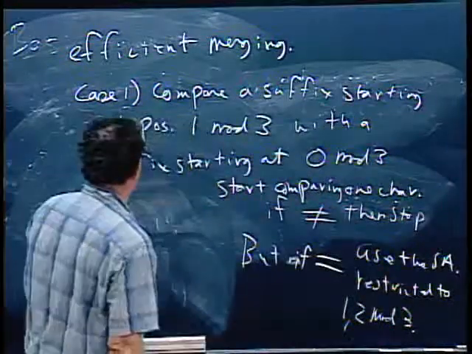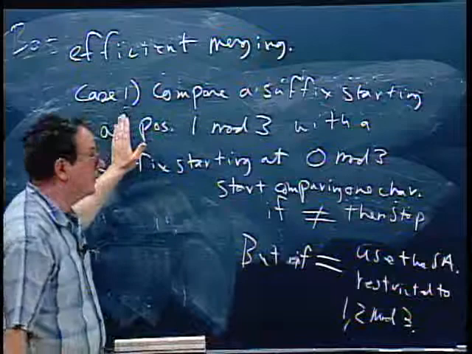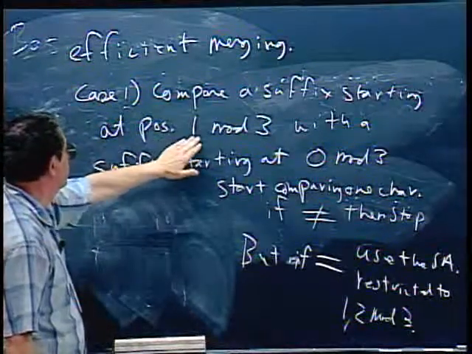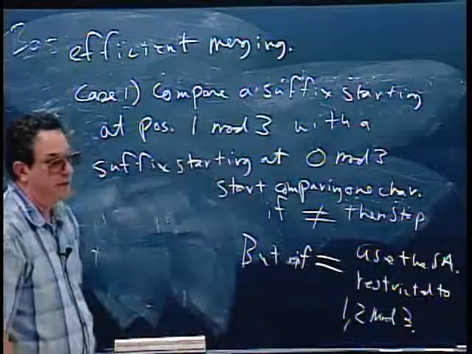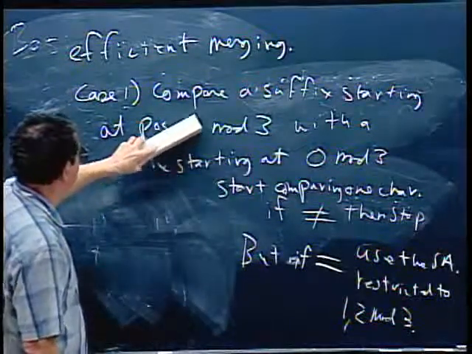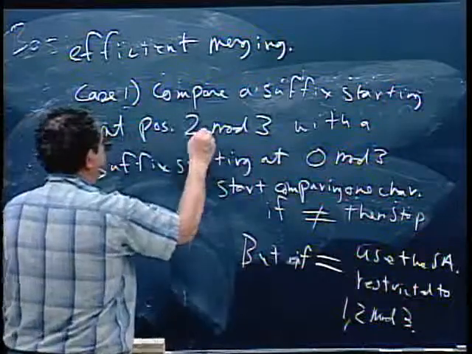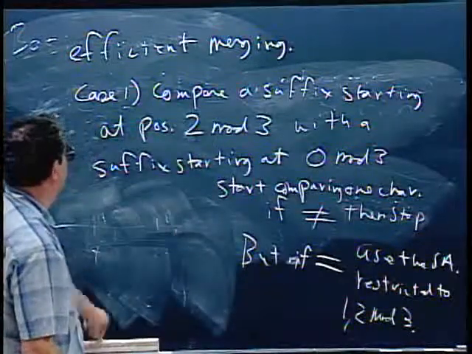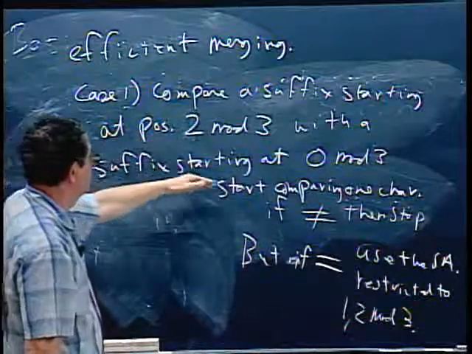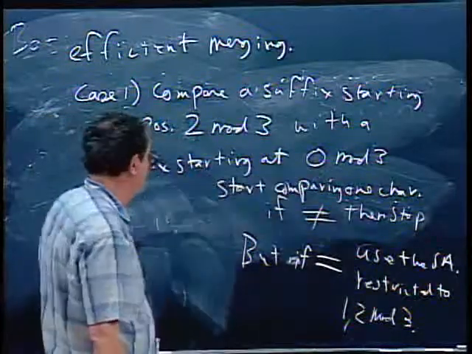Okay? So that was the case where we're comparing a suffix starting at position 1 mod 3 with a 0 mod 3. The other kind of comparison that happens in this merging is that you have a suffix that begins at position 2 mod 3, and the other one is still a suffix that begins at 0 mod 3. Okay?